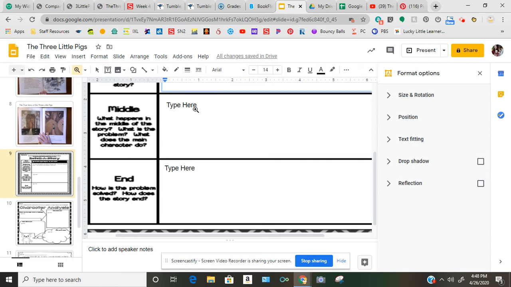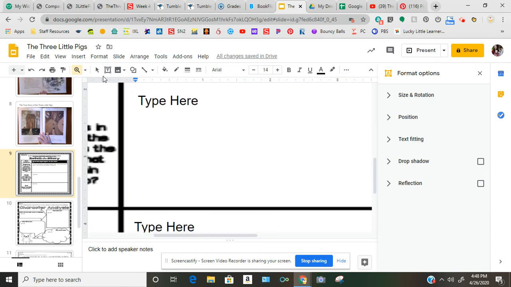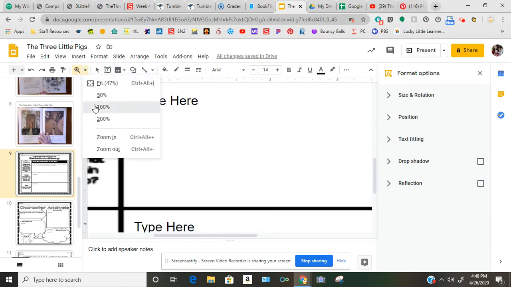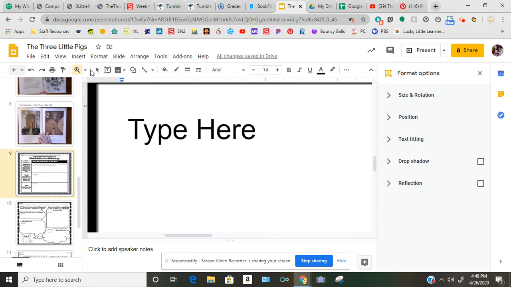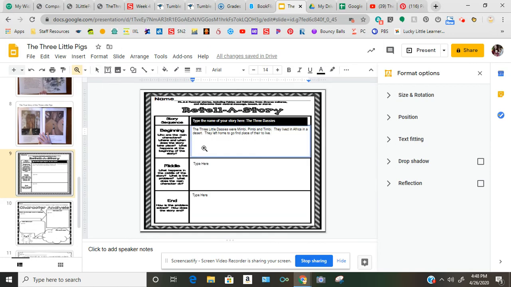Oh, it's not cooperating with me. So I'll just fit. Okay. All right. Now I'm going to tell what the problem was. So, the three Dassies built houses.